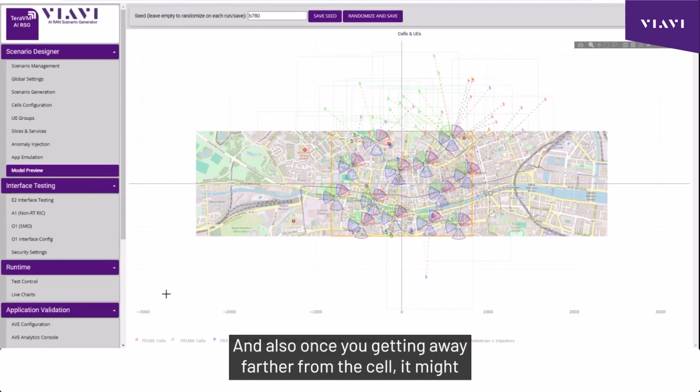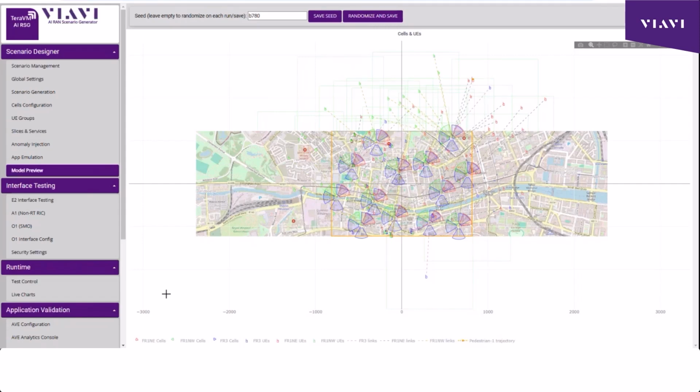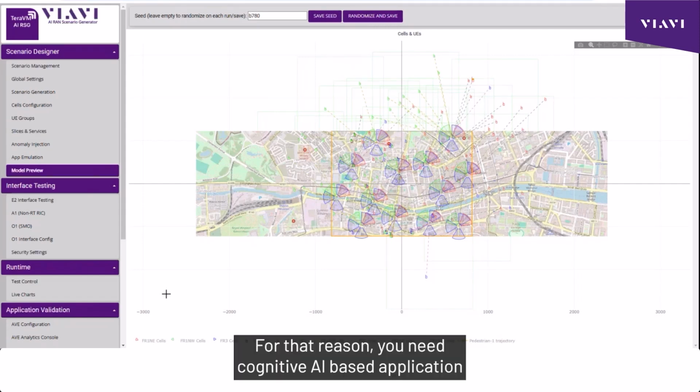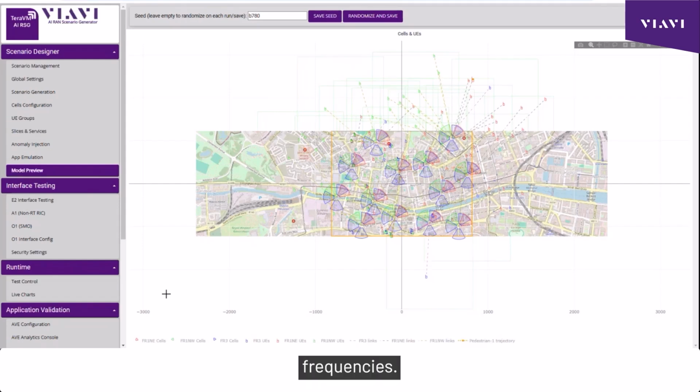And also, once you get farther from the cell, you might get out of the coverage. For that reason, you need a cognitive AI-based application to manage the traffic steering decisions between the FR1 and FR3 frequencies.